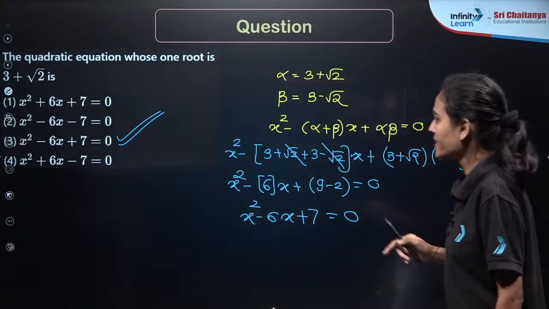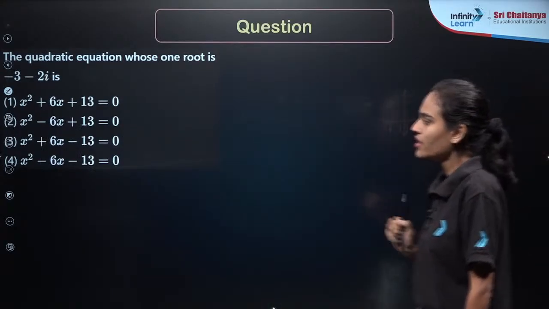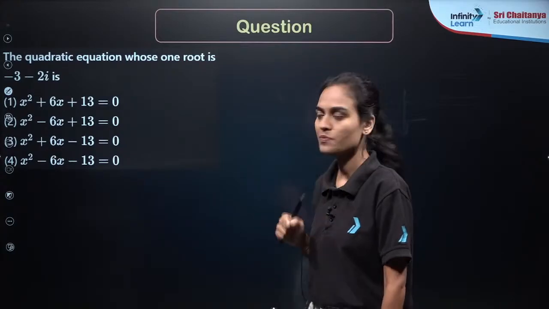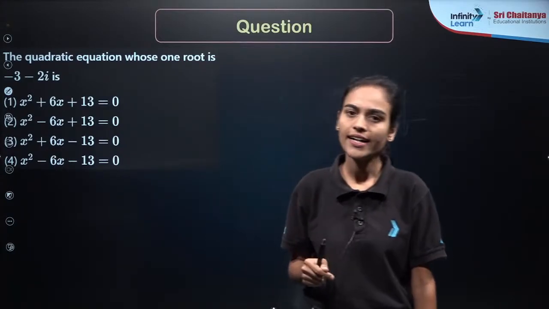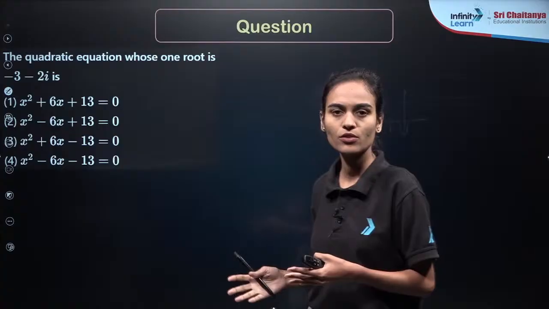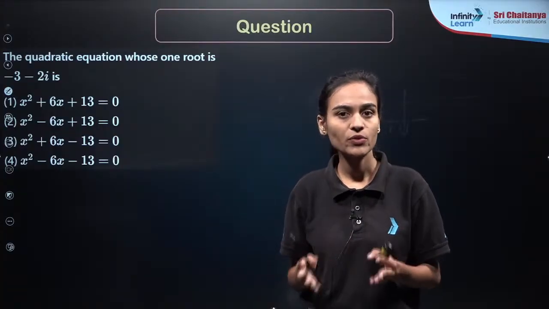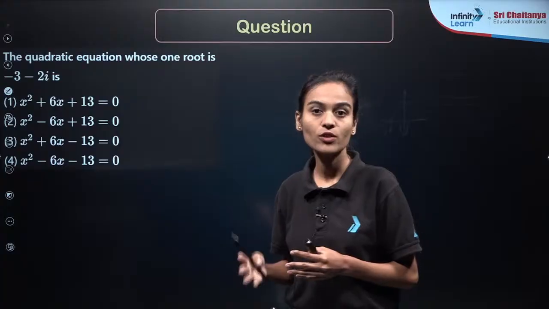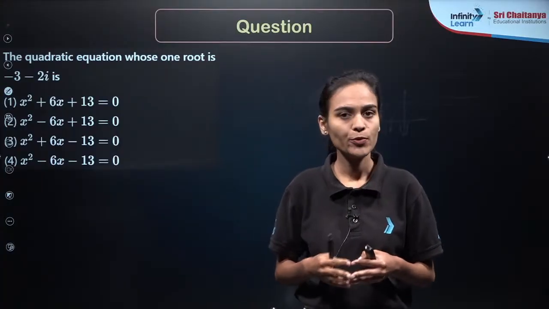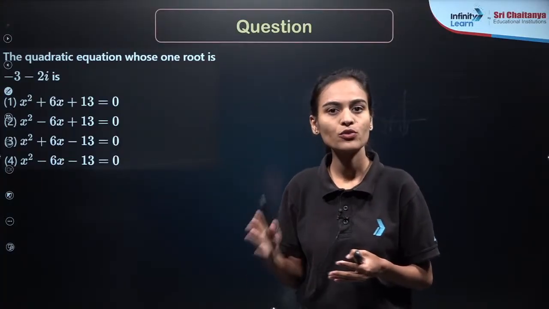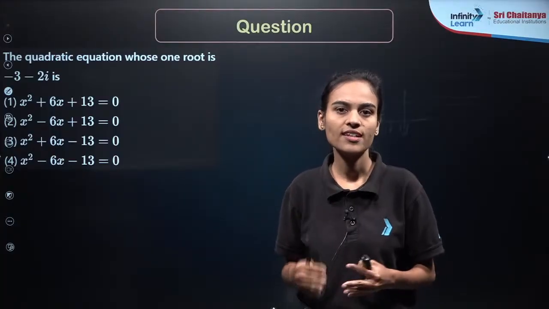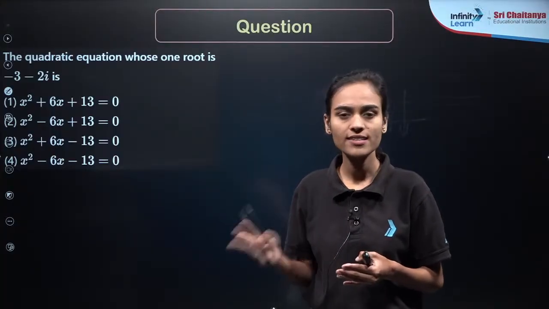In the same way, for the next question, you need to form a quadratic equation where one of the roots is minus 3 minus 2i. Again, similar to irrational roots, if your quadratic equation has imaginary roots, they will also occur in conjugate pairs. For example, if alpha plus i beta is a root for the quadratic equation, then the second root will always be alpha minus i beta.